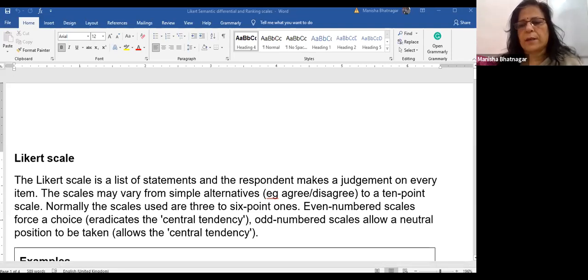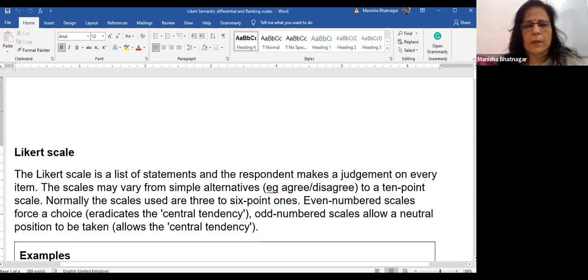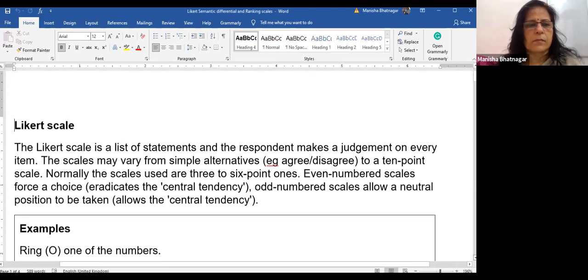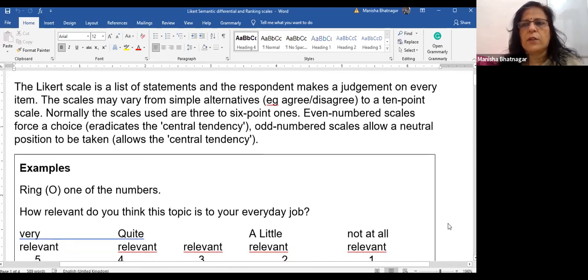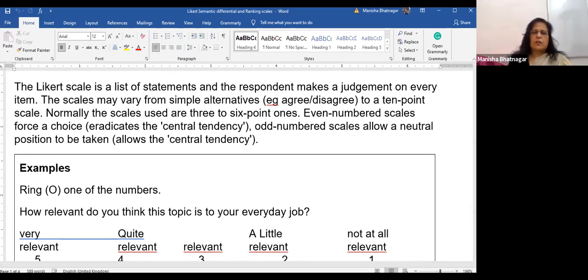Here, you have the Likert scale. Actually, here you have a list of statements, and people have to make a judgment.